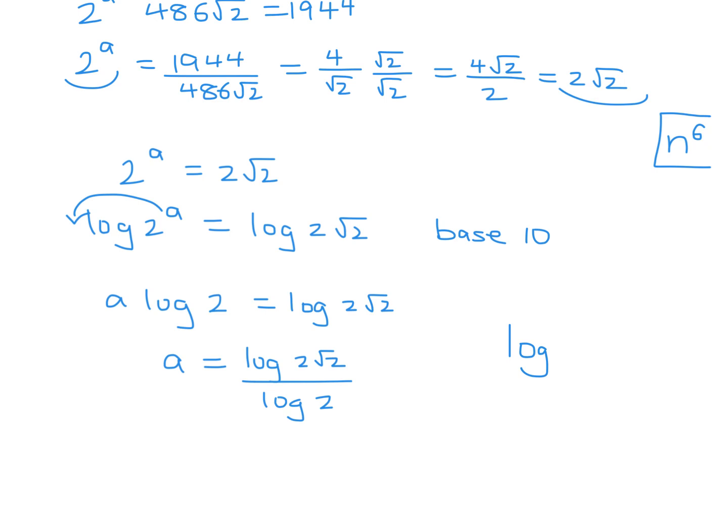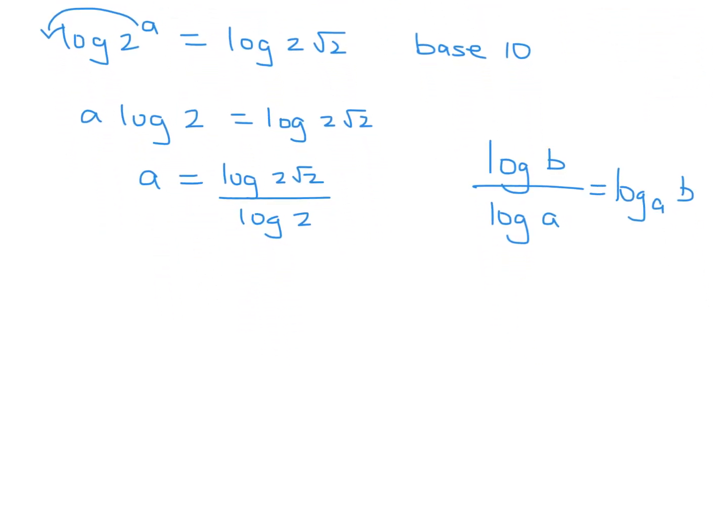If you have the log of b over the log of a, that is equivalent to the log of b to the base a. So we implement that rule to this guy right here. That means a is equal to the log of 2 root 2 to the base 2, using that rule.